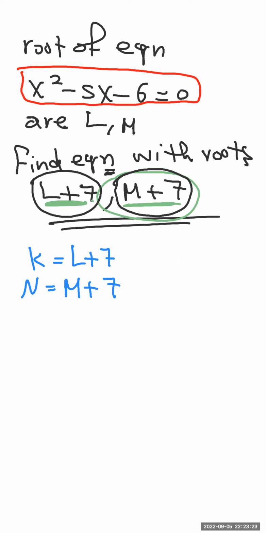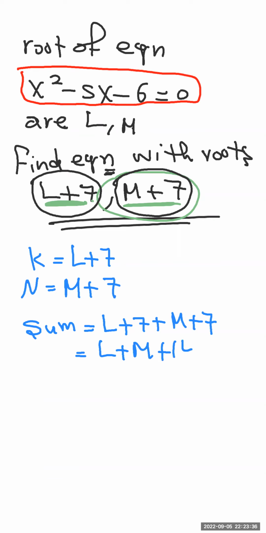Now get me the sum of the two roots. Sum will equal L plus 7 plus M plus 7, which means it will equal L plus M plus 14. From the given equation, the sum of the two roots L and M equals what?